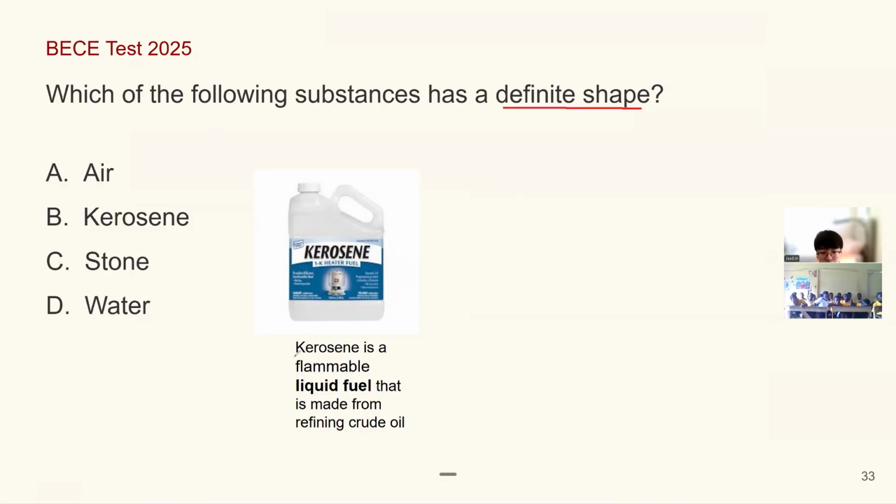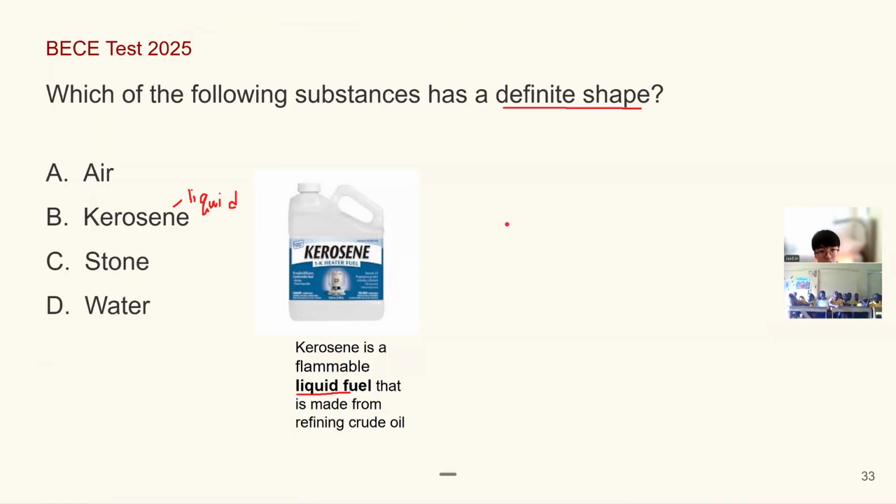And kerosene is just a liquid. You can think of kerosene as liquid. So what do you think the answer is for this question?